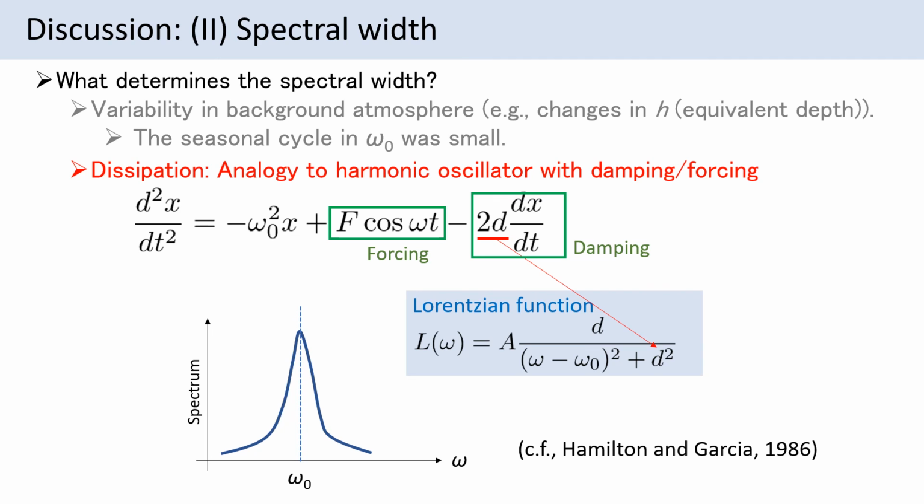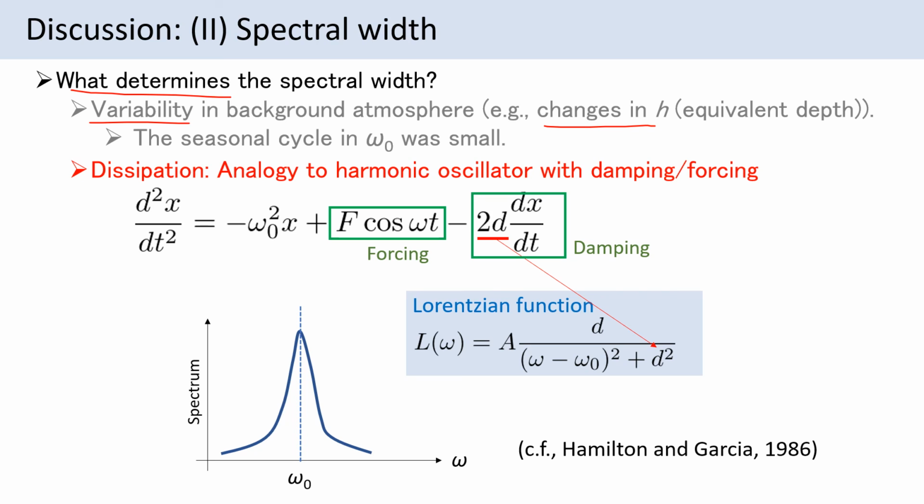So next we will discuss the spectral width. So first, what determines the spectral width? One possibility is a variability in the background atmosphere, such as changes in the equivalent depth. But even if we did the same analysis for each season, we found that the seasonal cycle in central frequency was very small.